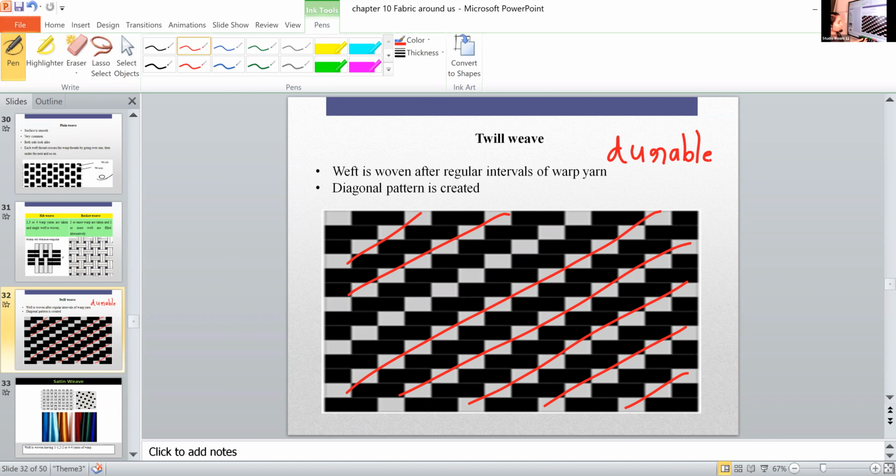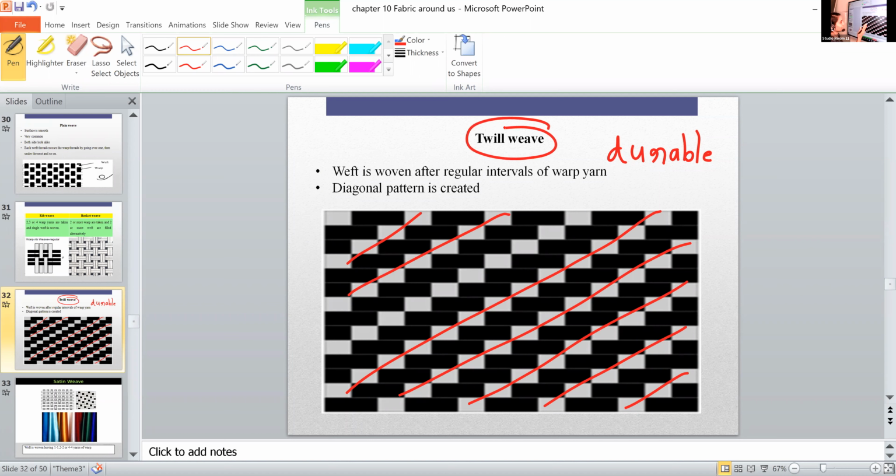Is it correct, Sana? The jeans are more durable than a cotton cloth, right? Yes, that is mainly because of this weaving pattern. The difference in interlacing is the main reason for that. The twill weave is very popular and very durable, and the main characteristic is very important: a diagonal pattern.